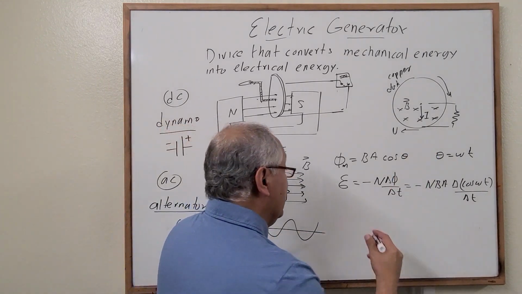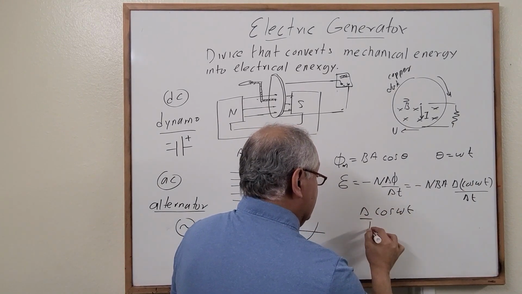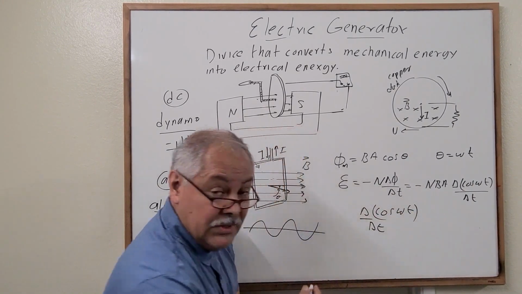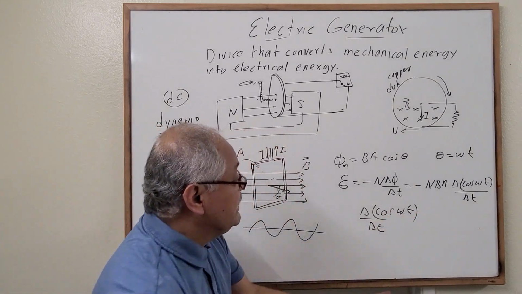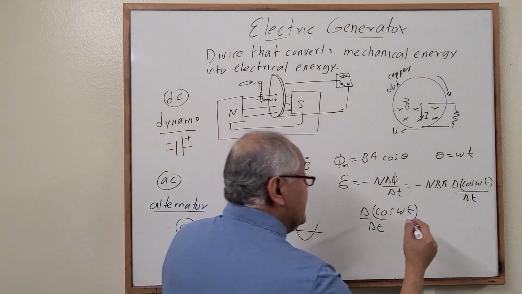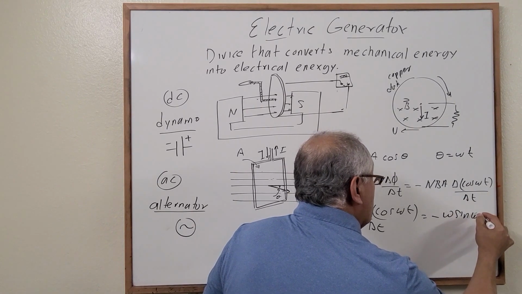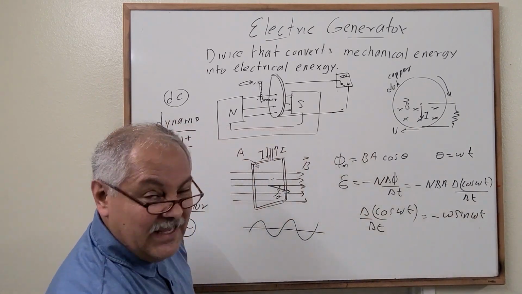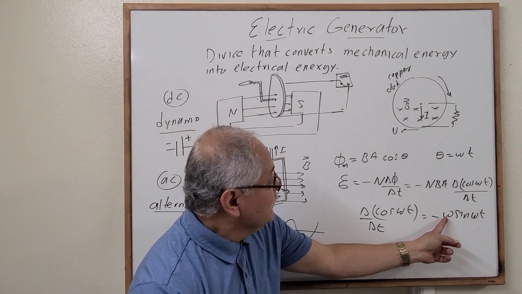But the change in the angle, cosine omega t with respect to time, we can use some calculus to make it faster. The derivative of cosine is just negative omega sine omega t.